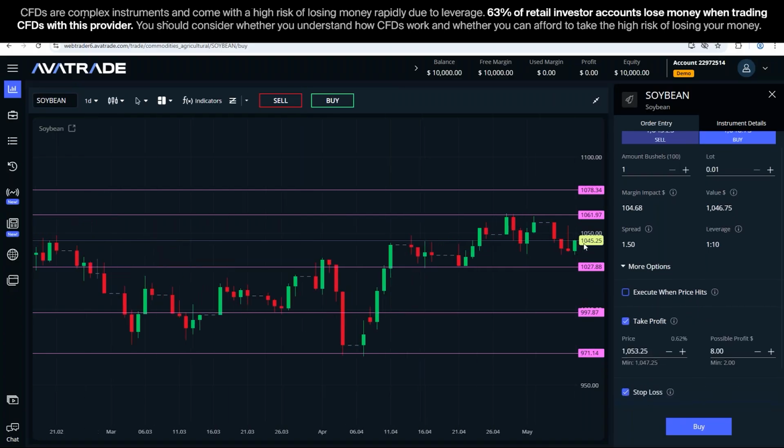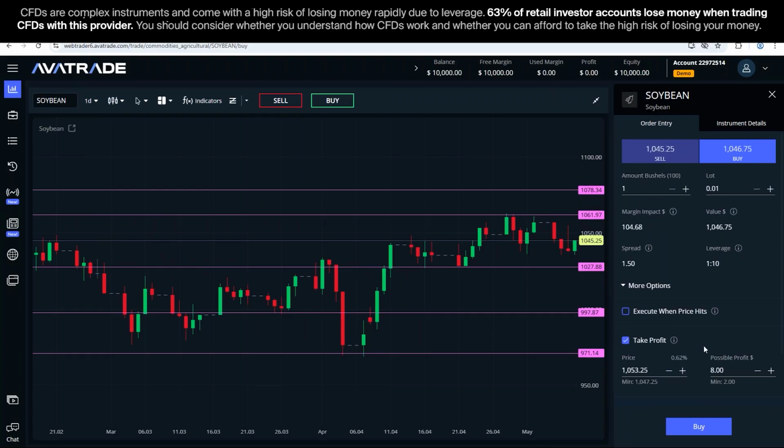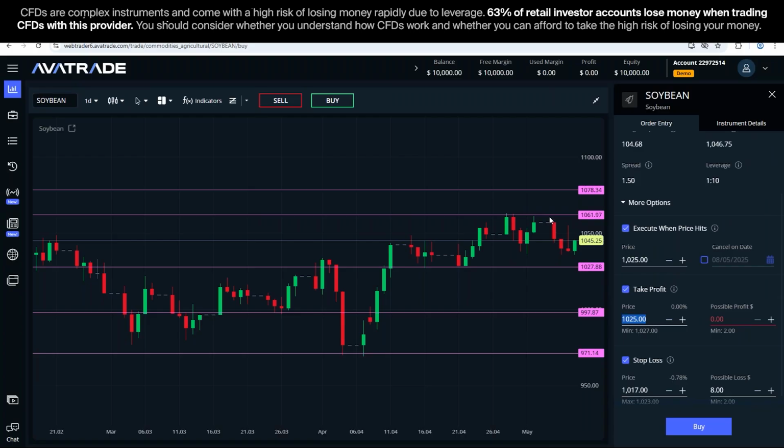This price seems reasonable, but if I'm buying, I'd rather do it a bit lower. So I'm going to target 1025 as my entry price, and the take profit can be a little lower than the resistance, which can be 1050.